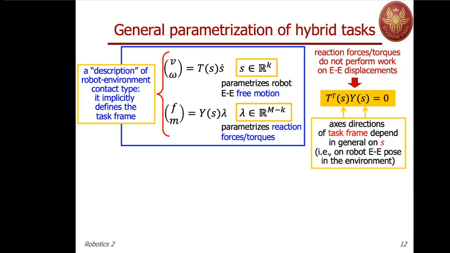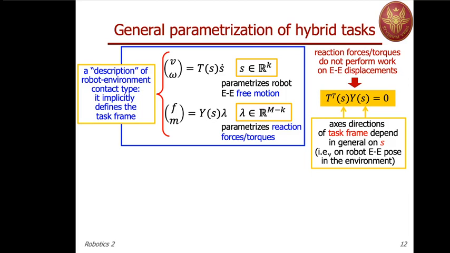So any generalized twist of the end effector can be described by a number of k parameters s, with s dot and the matrix T. And similarly, any reaction wrench Fm can be described by a set of m minus k parameters lambda through the matrix Y. And because reaction forces and torques do not perform work on linear and angular displacement of the end effector, the condition is that T transpose Y is equal to 0, so that the columns in the two matrices, T and Y, are orthogonal to each other. Not orthogonal inside them, but orthogonal to each other.